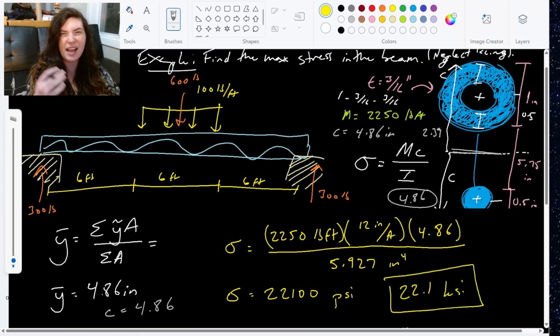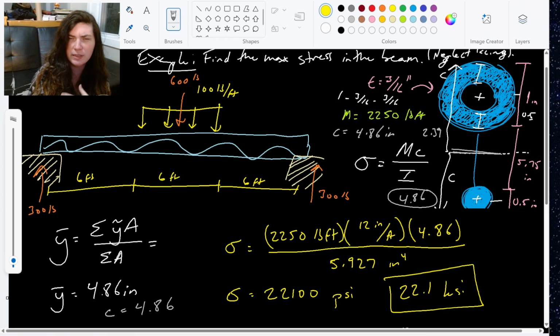So there are a lot of different little pieces of statics, a lot of different little pieces of geometry and calculus, the shear and moment diagrams, moment of inertia, centroids, all of this coming together to make these beam problems a real problem in your life.